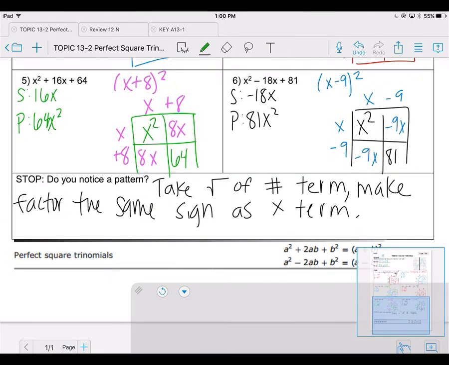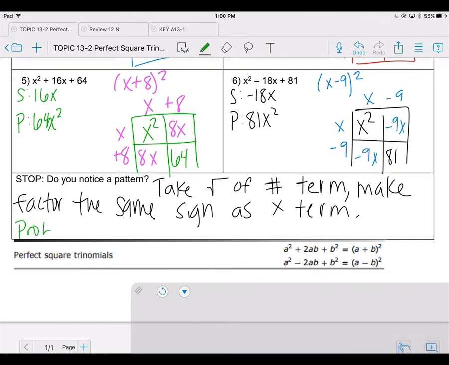So for example, problem 5, if I'm looking at that, I could take the square root of 64 and get 8, and I would make it a positive 8 because the 16 was positive.